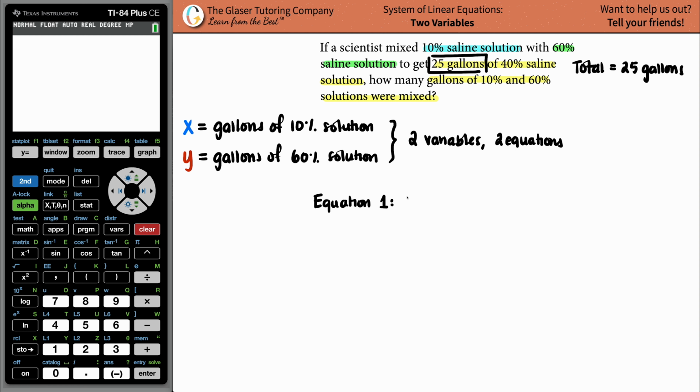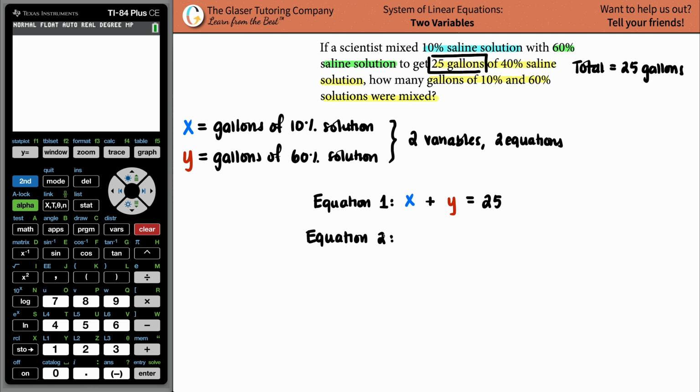So if I take all the gallons of the 10% solution and I add it with the total amount of gallons in the Y, which is the 60% solution, that total amount should equal what number? Yeah, 25. So that's equation number 1. We know that just by adding the 10% solution gallons and the 60%, we should have a total of 25 gallons. Now let's try to find out the next equation.